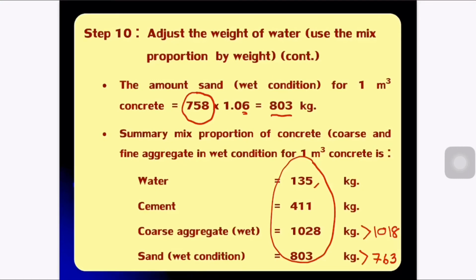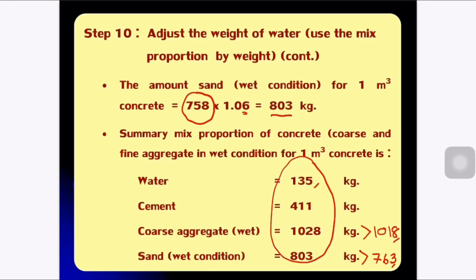The weights of coarse and fine aggregates are more than the weights at SSD condition, that are 1018 for coarse aggregate and 763 kilograms for sand, because the added weight is the weight of the water in aggregates. Next step, use this mix proportion to mix concrete and check the slump of fresh concrete.